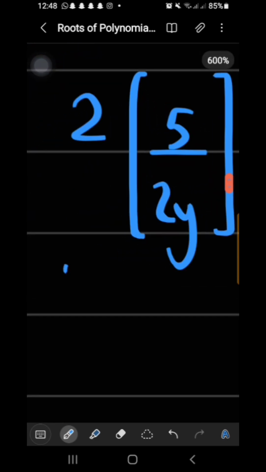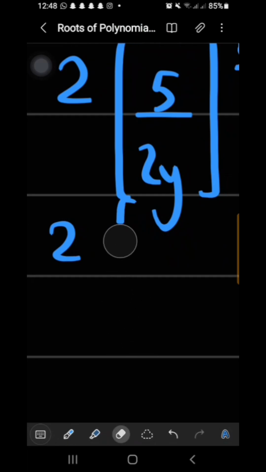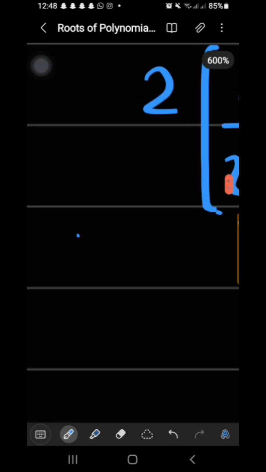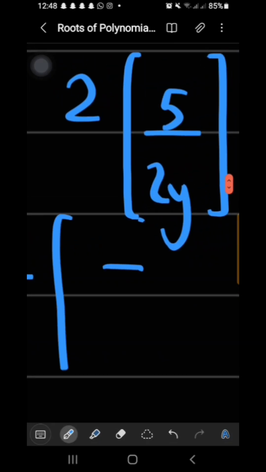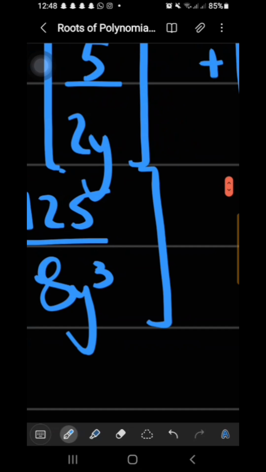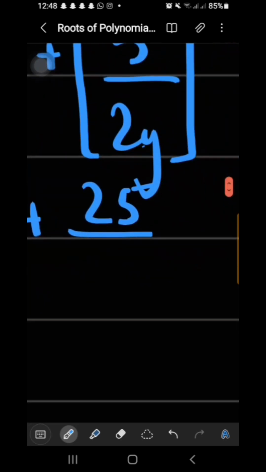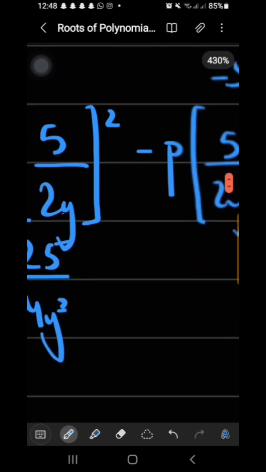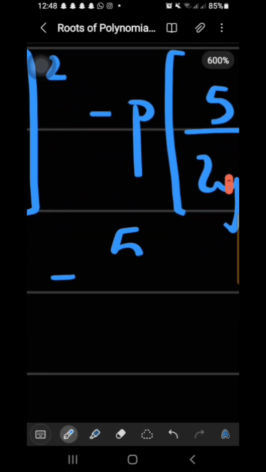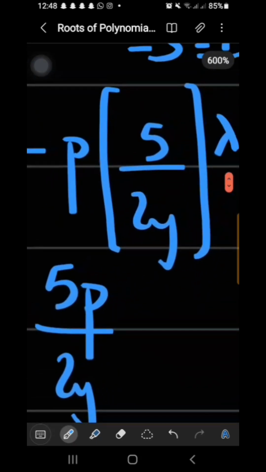So there is 2 times 125 divided by 8y cube, bracket close, plus 25 over 4y square, and then negative 5p divided by 2y minus 5 is equal to 0.